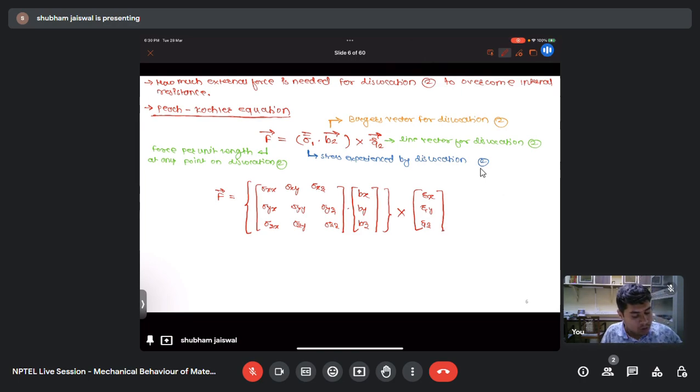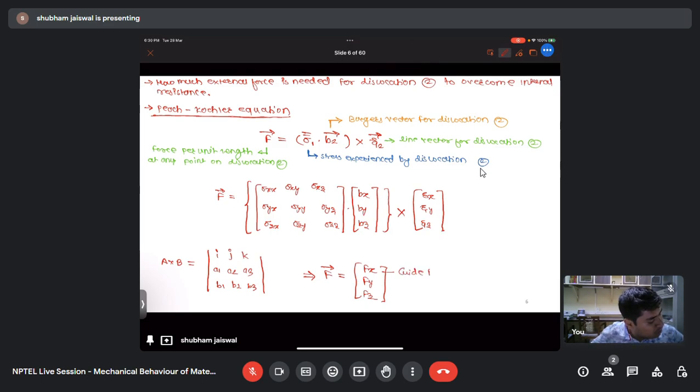Okay, so we can solve this cross product like A cross B, where we have i, j, k, A1, A2, A3, B1, B2, B3. If we solve this equation, we will get the forces Fx, Fy and Fz. So this will be the glide force and this will be the climb force.